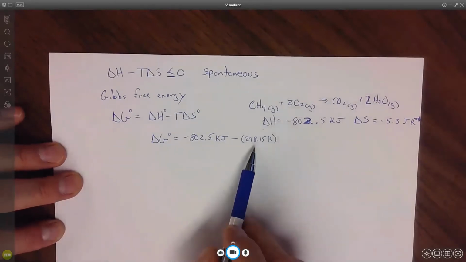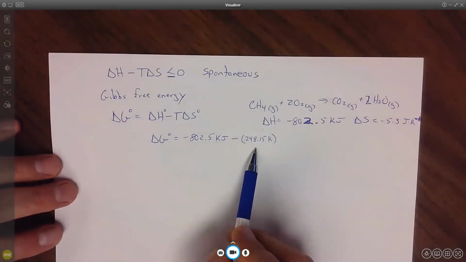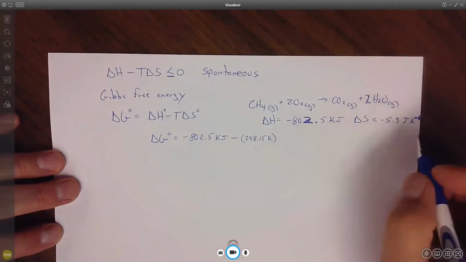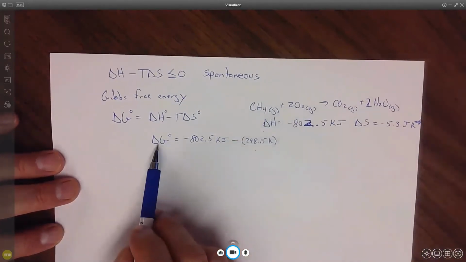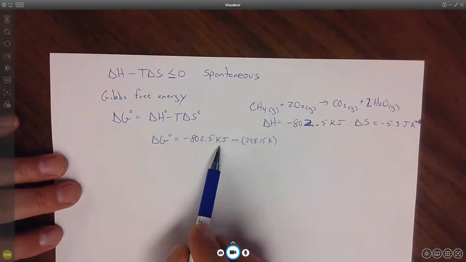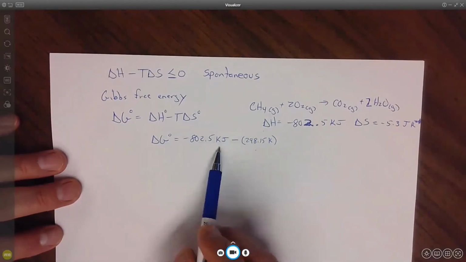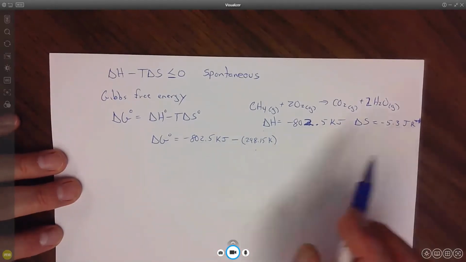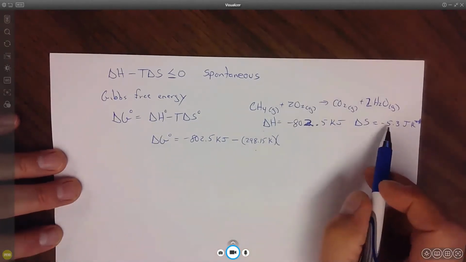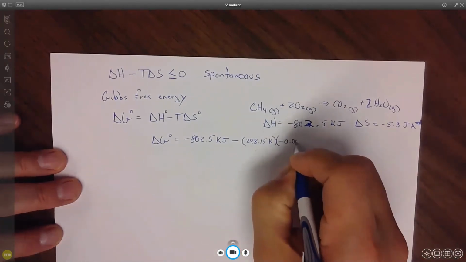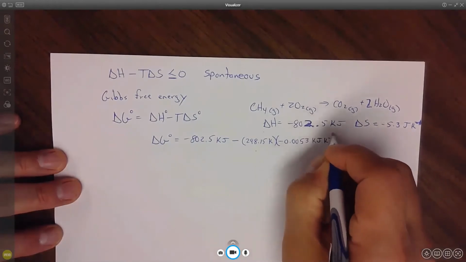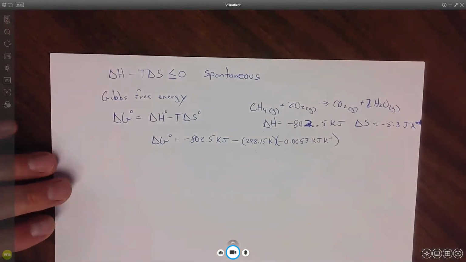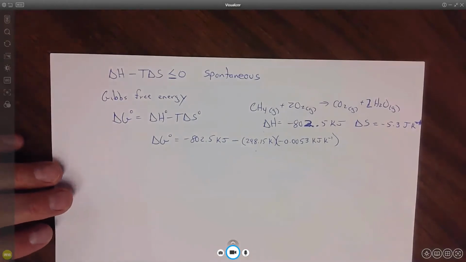We just added 273.15 to 25. Then we have this value here, but I need to divide it by 1,000 because the units of free energy are generally given in kilojoules, the same as enthalpy. This is in joules, so I need to convert that. I'm simply going to divide that number by 1,000. So that's just going to be negative 0.0053 kilojoules per Kelvin.